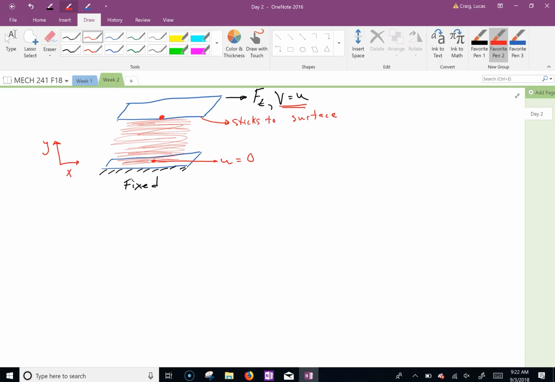So what does that look like on a graph? Let's call the distance between the two plates L. If I plotted v of the liquid layer versus y, where would it be 0? y equals 0.